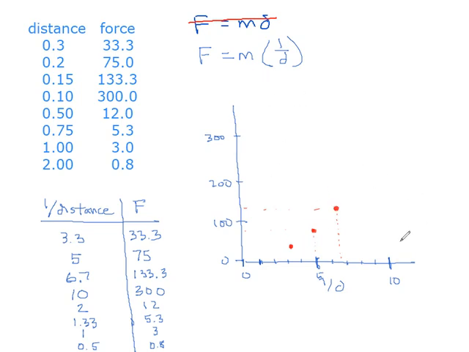It's straight-ish. Let's keep trying. 10 gives us 300 for our force. That's got a bit of a bend, maybe. Could be drawing error. 2 goes with 12, which is like down here. 1.33 goes with like 5.3.